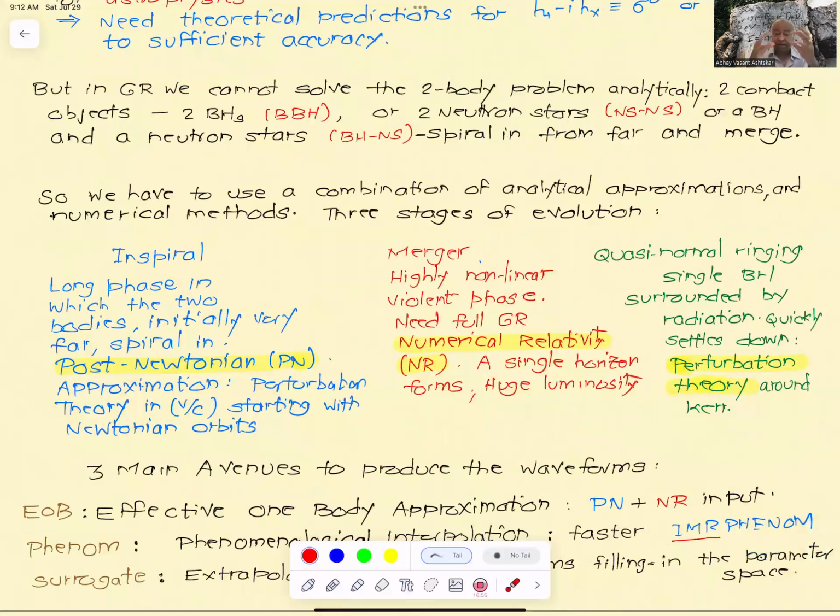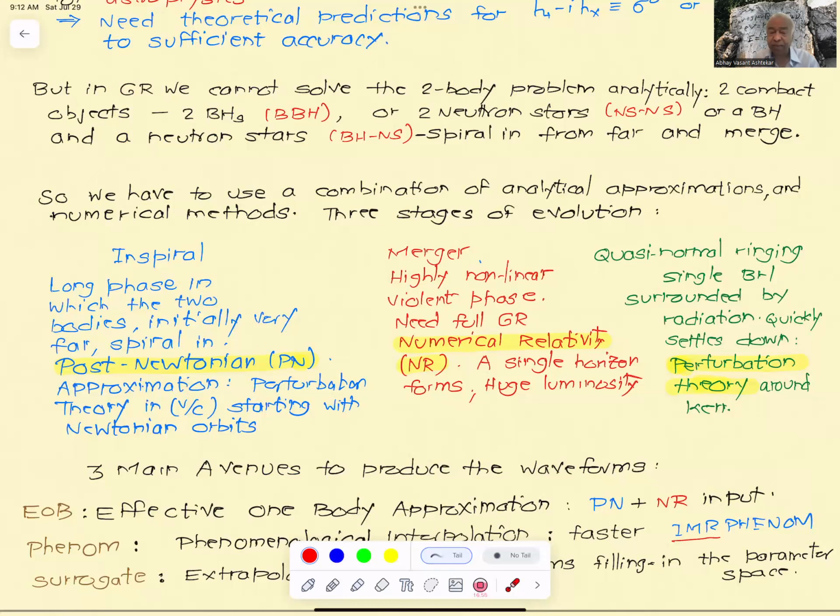And while it is settling down, there is a quasi-normal ringing phase. The word was used very heavily by Chandrasekhar, the astrophysicist, and he always gave the analogy of a bell. If you take a bell and you hit it with a gong, of course, initially the sound that you hear will depend on where it was hit, what kind of gong you used, and so on.